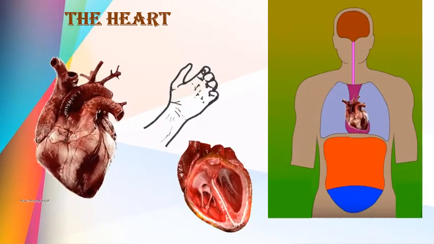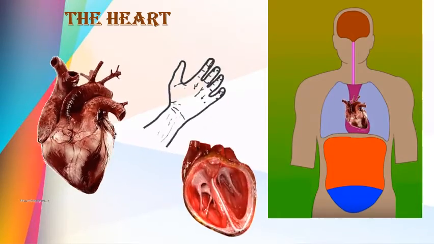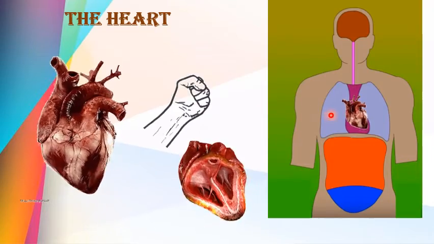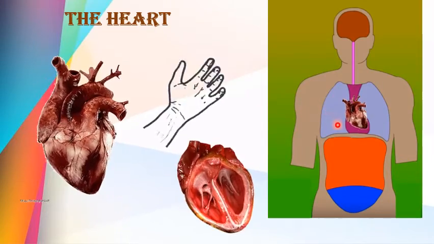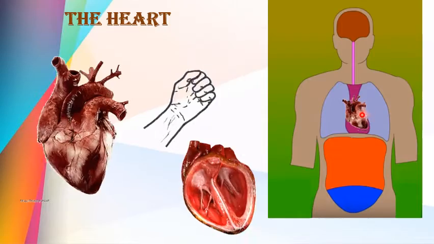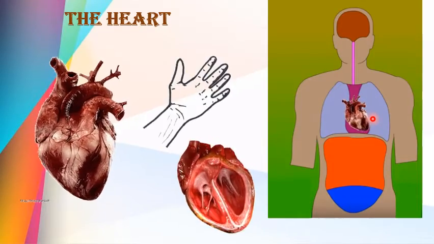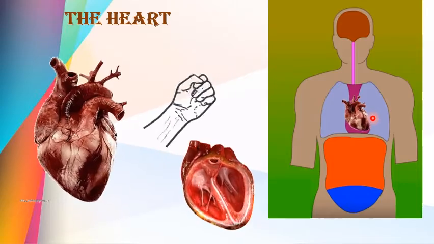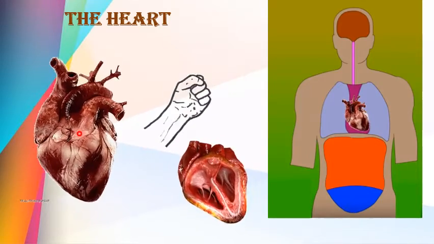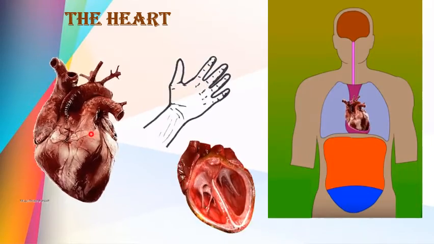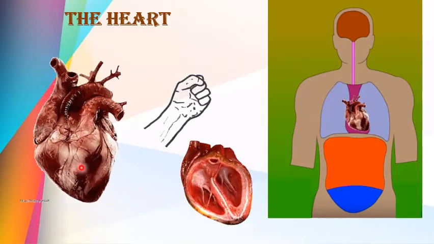Got this, students? You know, this is a thoracic cavity, correct? This is a thoracic cavity and the heart is situated in the thoracic cavity. Students, here you can see the heart contracts and relaxes.